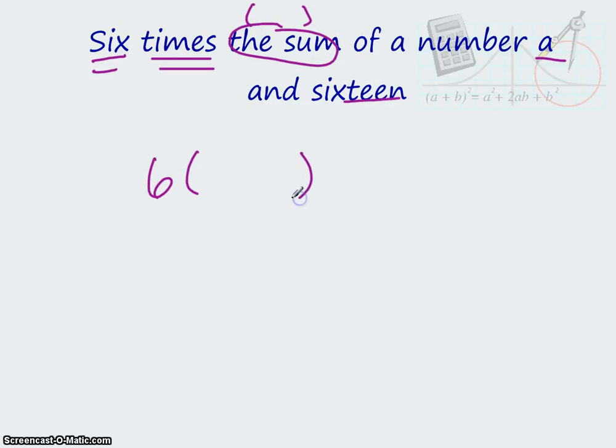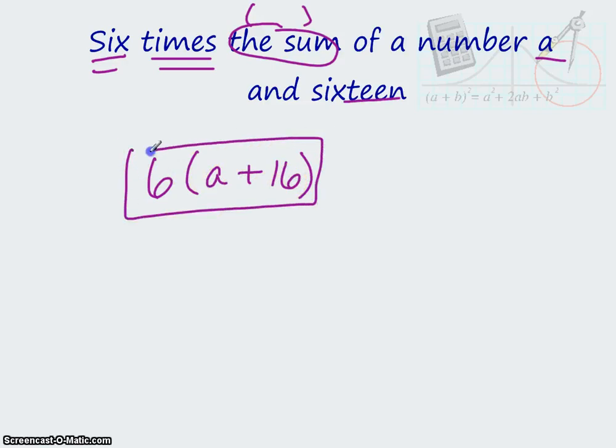You're going to put your parentheses, and sum is plus. So in the middle of the parentheses, you're going to put a plus sign. And that sum is of a number a and 16, so you're going to put a and 16. So this is 6 times the entire sum of a and 16. That one takes a little getting used to, but as you practice, you'll get there.